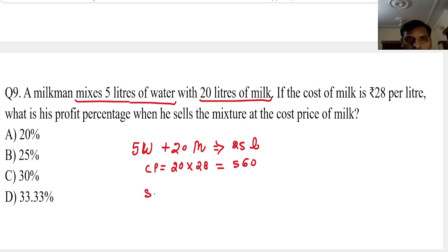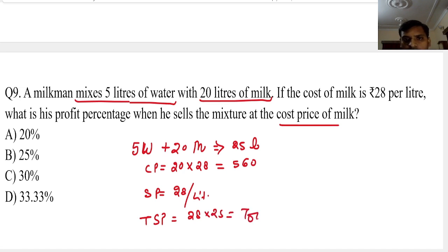Now SP equals again the same cost of milk, 28 rupees per liter. Now total sales is 25 liters. So the total selling price is 28 into 25, which equals 700. So this is the complete selling price, and this is the total cost price.